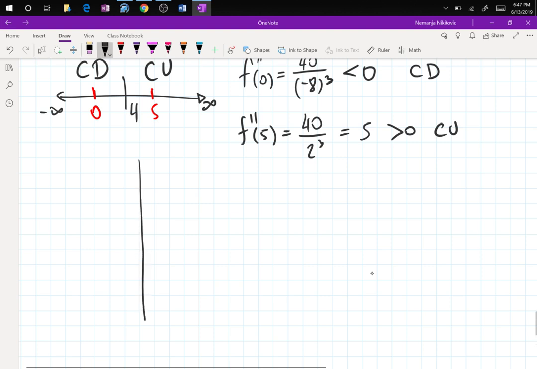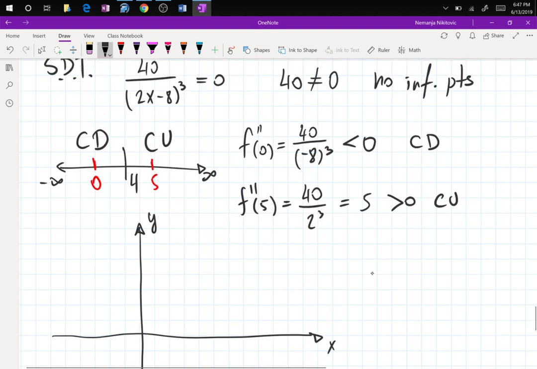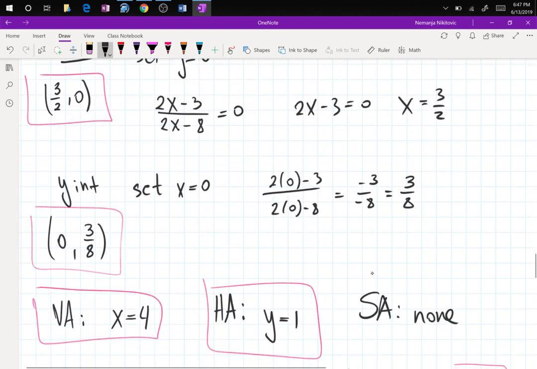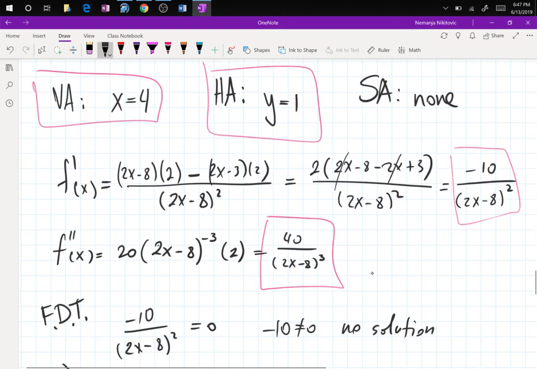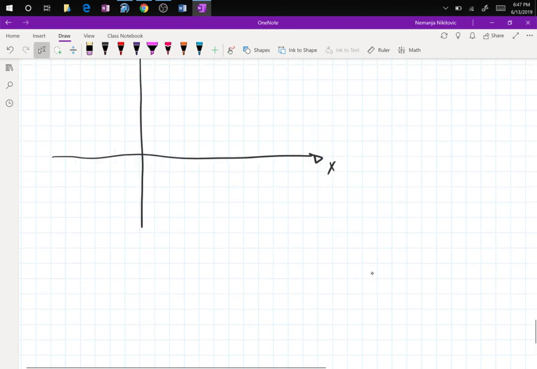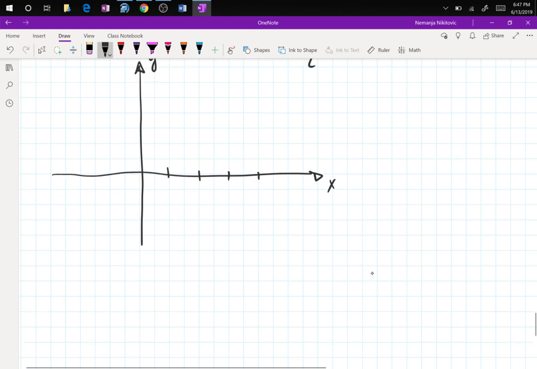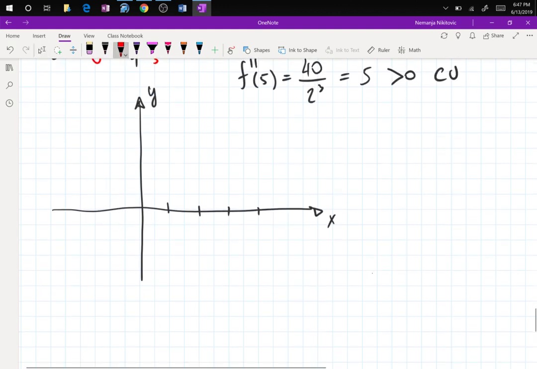So now we are going to graph the function, with all of the values that we have found so far. We have 3 halves and a 0. So 1, 2, 3, 4. 4 is where my vertical asymptote is.